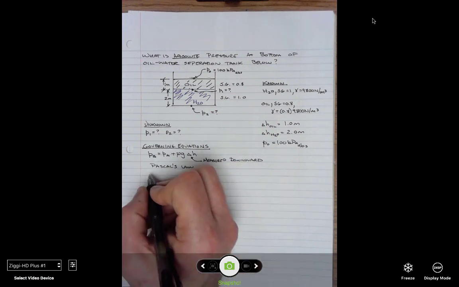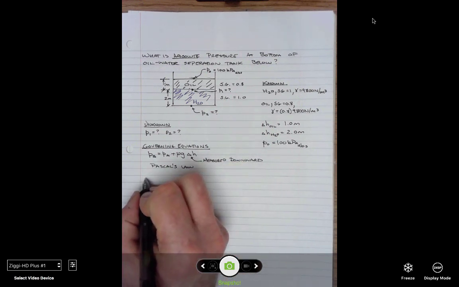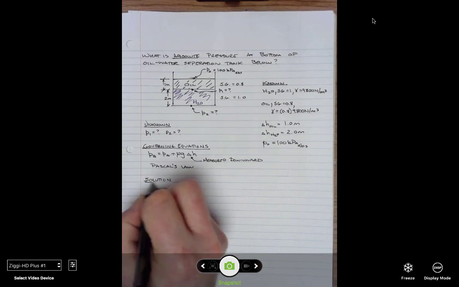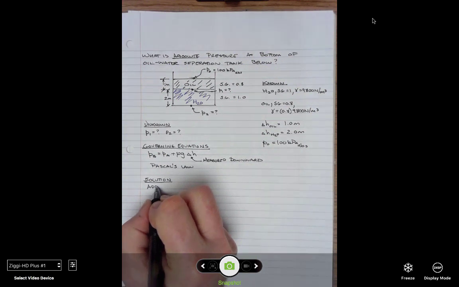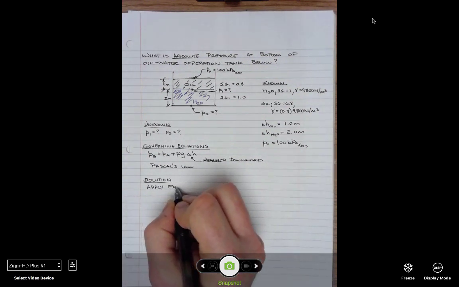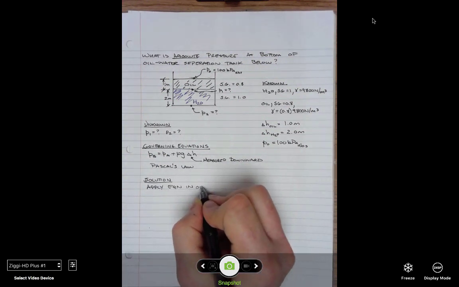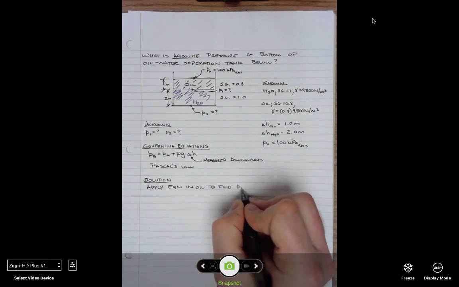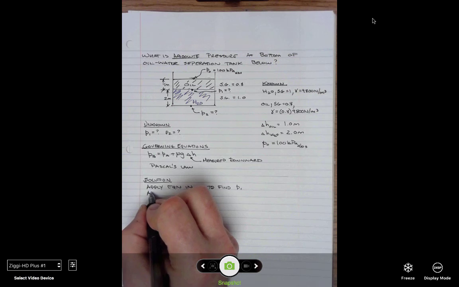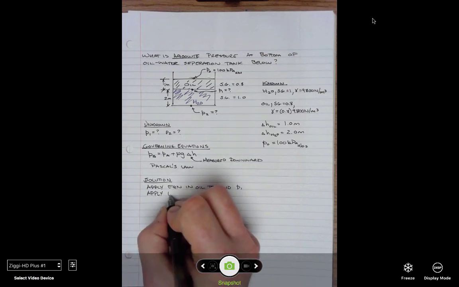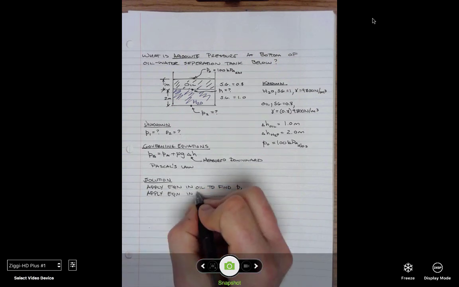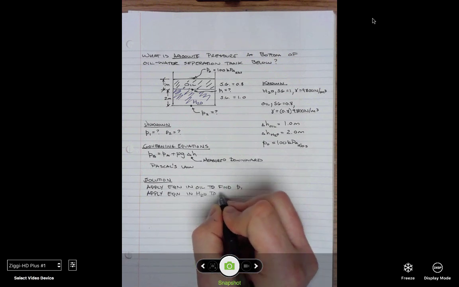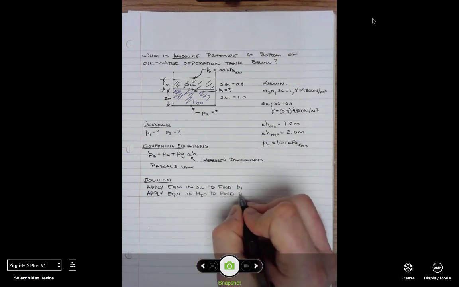And we will first apply the equation in the oil to find P1, then apply the equation in water to find P2.